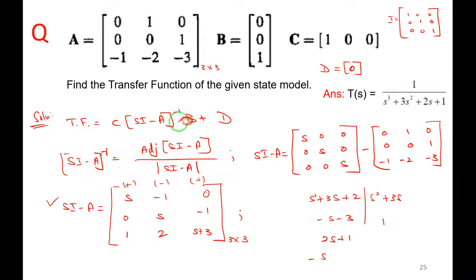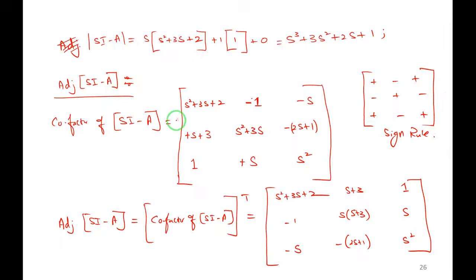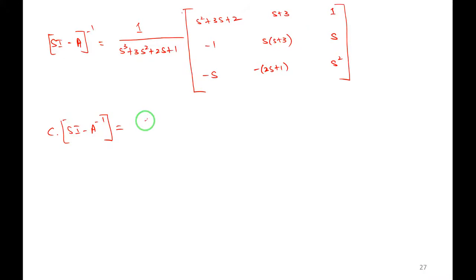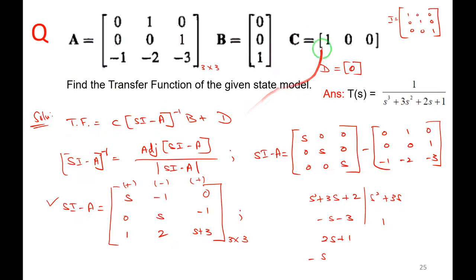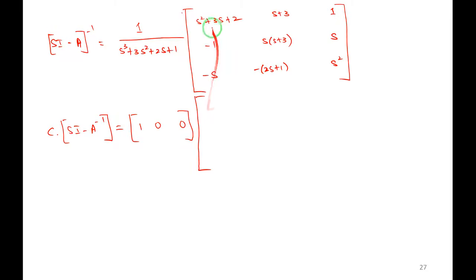Only this part first; later on we will multiply with B. So what is C matrix? 1 0 0. Is it fine? Let me verify the C matrix. So 1 0 0, it is correct. Then this is (sI minus A) whole inverse.